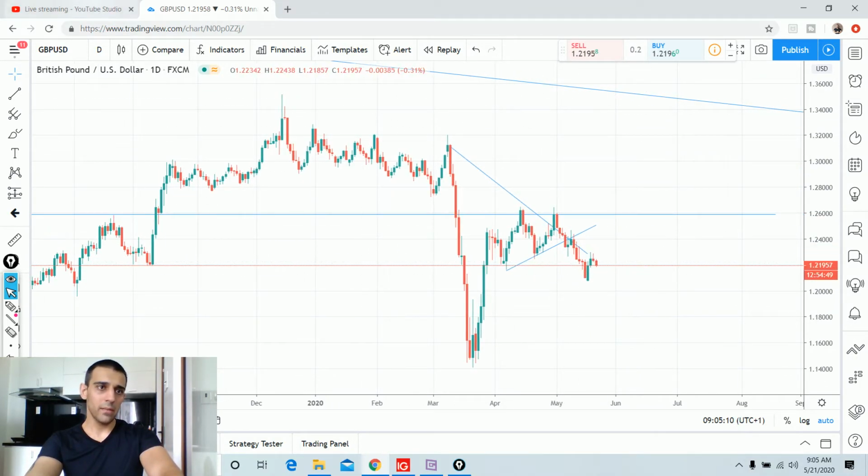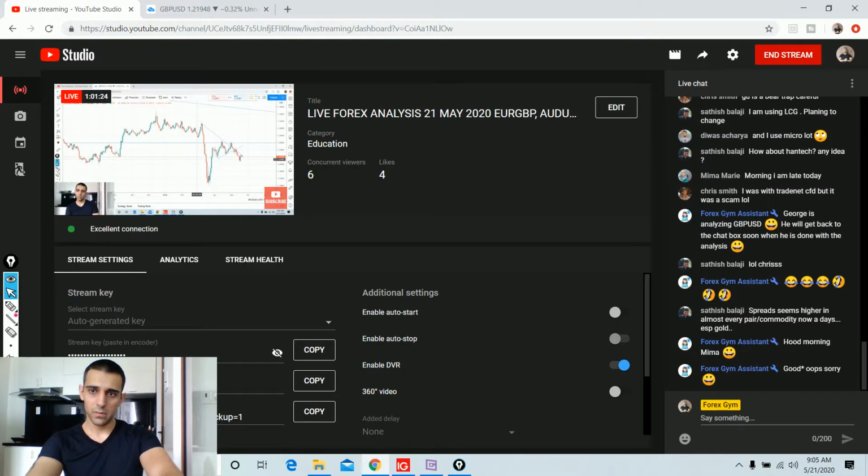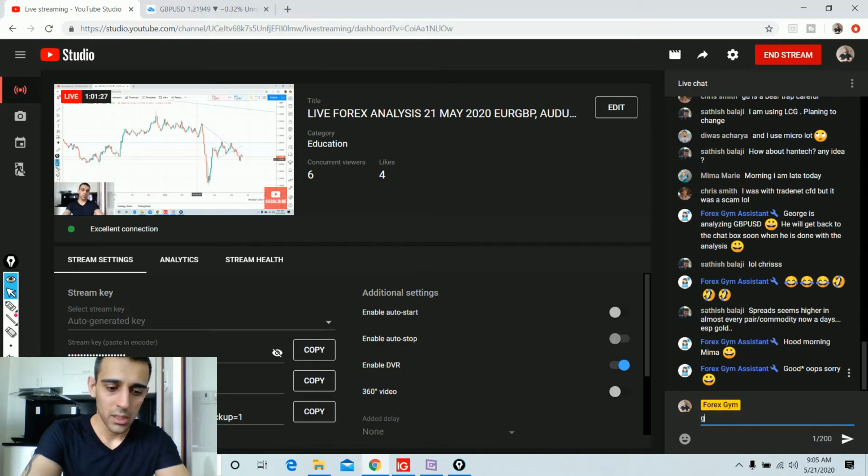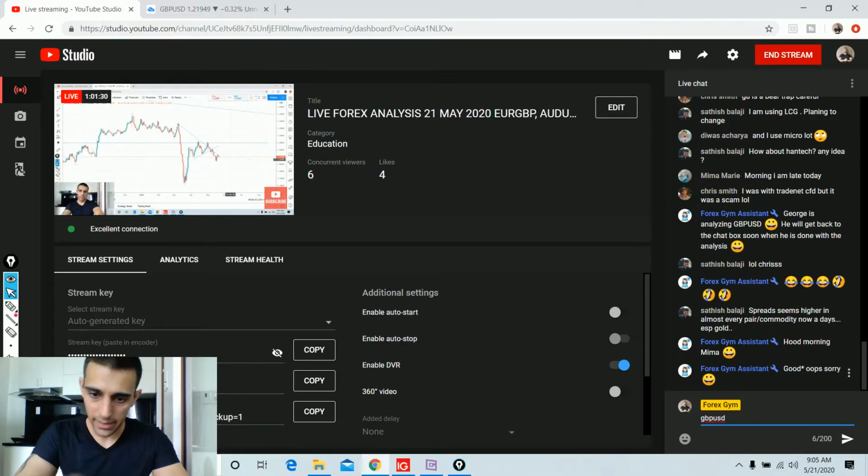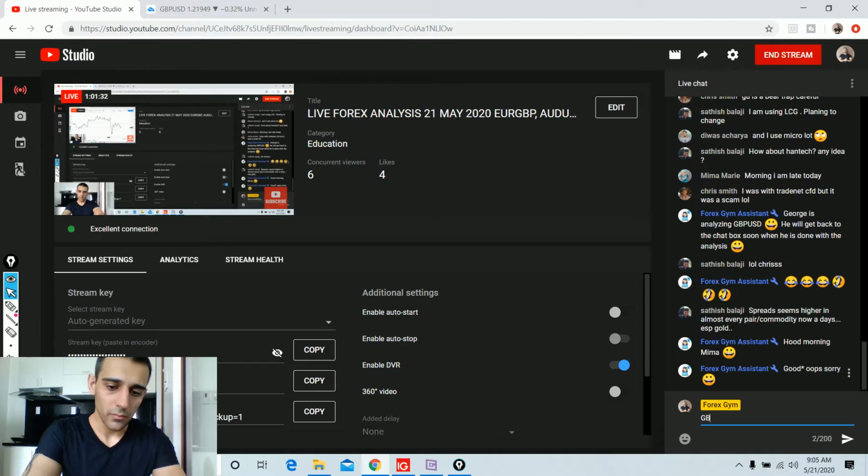So yeah, I'm going to write the levels now on this one. It does look like a potential for the GBP USD. The potential trade type will be a sell, and the sell entry is at 121.90.